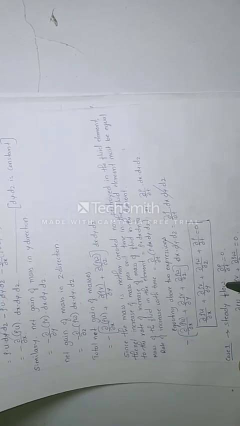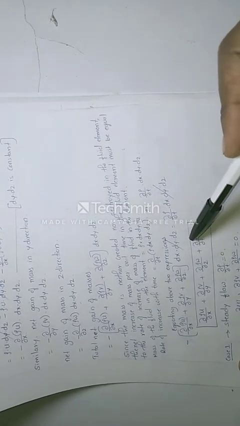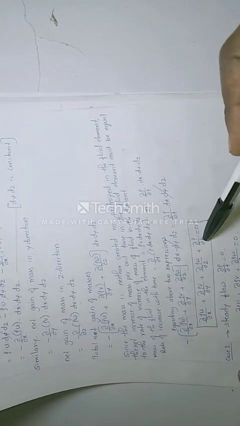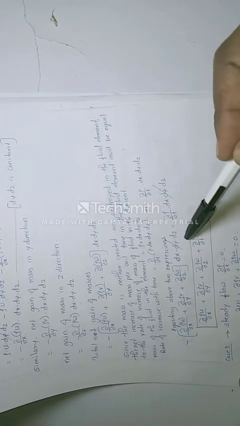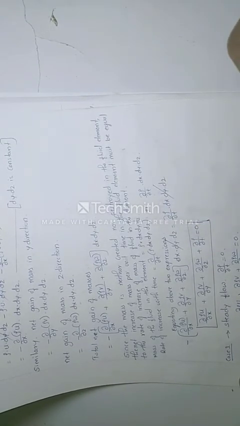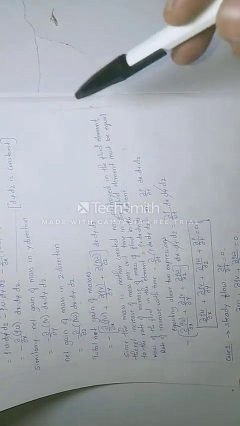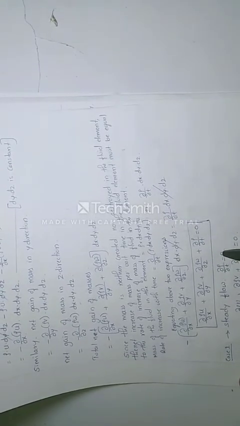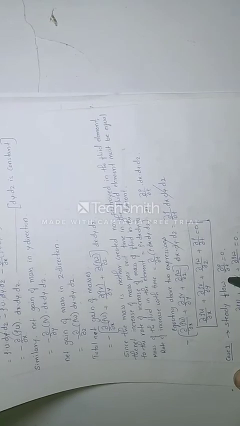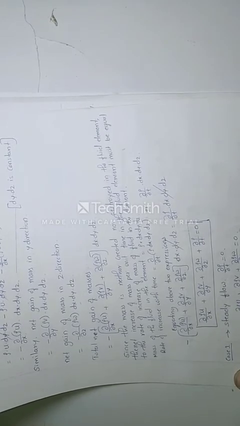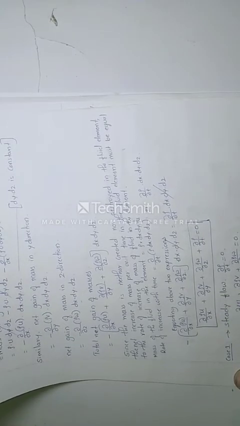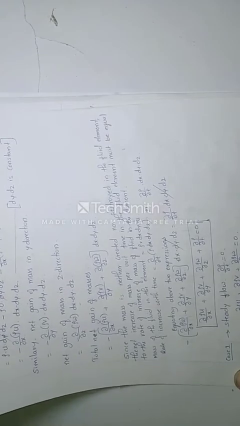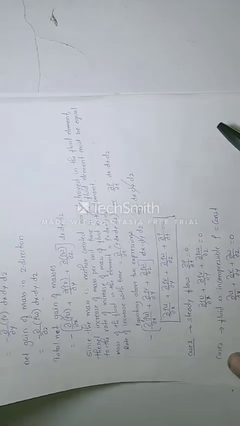So steady flow means whatever properties are functions of time will be constant, that is, cancelled out. So dou rho by dou t is 0. For a steady flow, the continuity equation is this: we take only the three terms which are with respect to space.